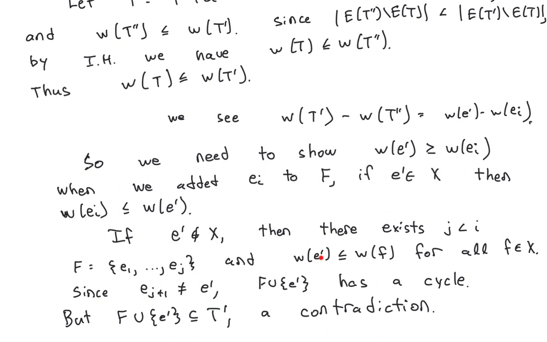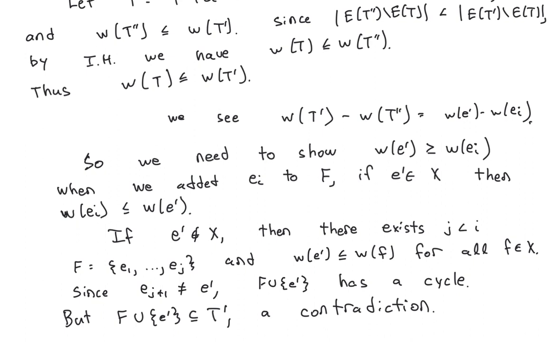But since E prime is not in our set T, it must be the case that E prime is not EJ plus 1, which means our algorithm did not add it to F, and the only time our algorithm considers an edge of minimum weight and does not add it is when adding it creates a cycle. So then we must be in the case that F union E prime has a cycle.